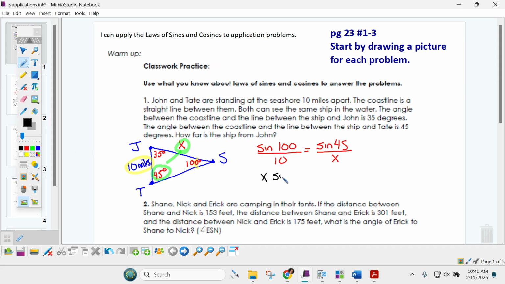Let's cross multiply. Divide by sine 100. We get x is 7 miles.